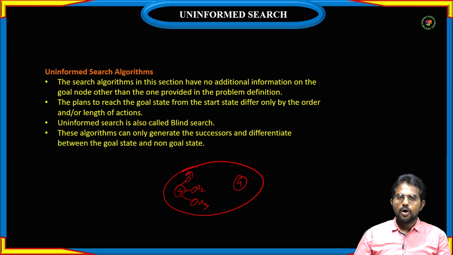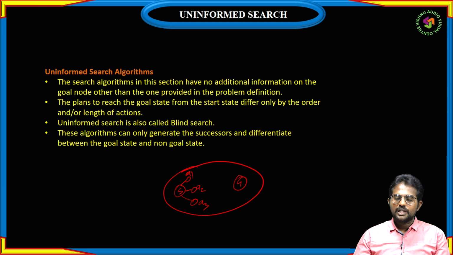That is how a blind man roams around a room. He doesn't know where to go. If he wants to go from one particular position to another, he doesn't know anything. He will randomly take some steps and try to reach the goal node.